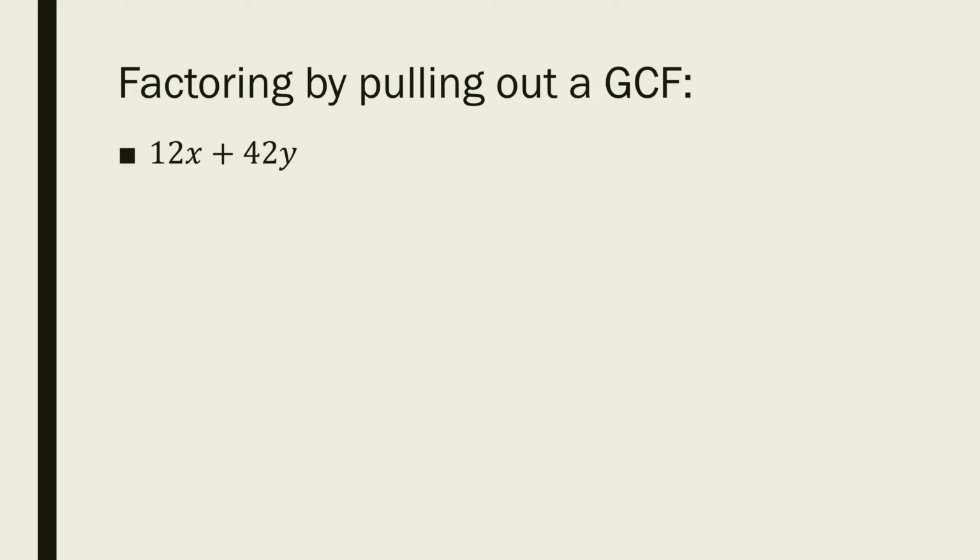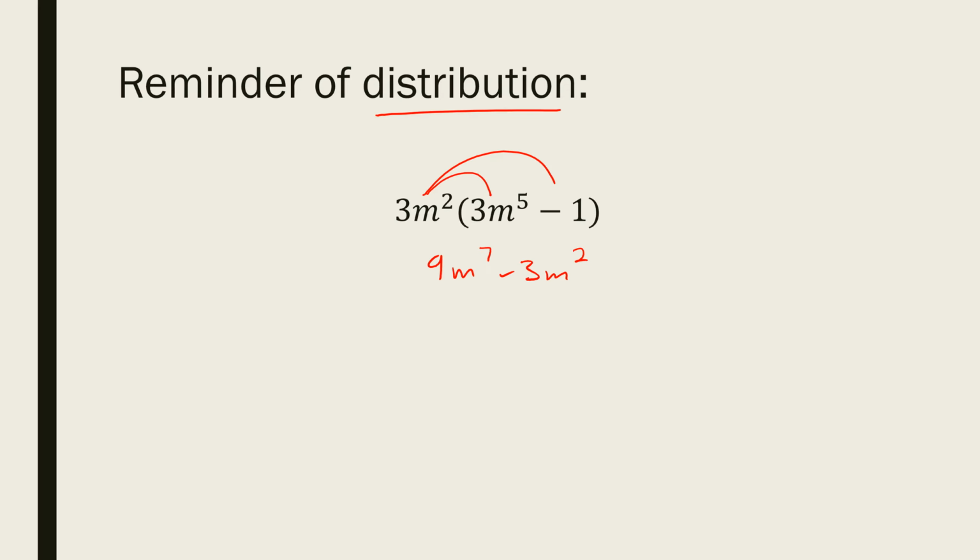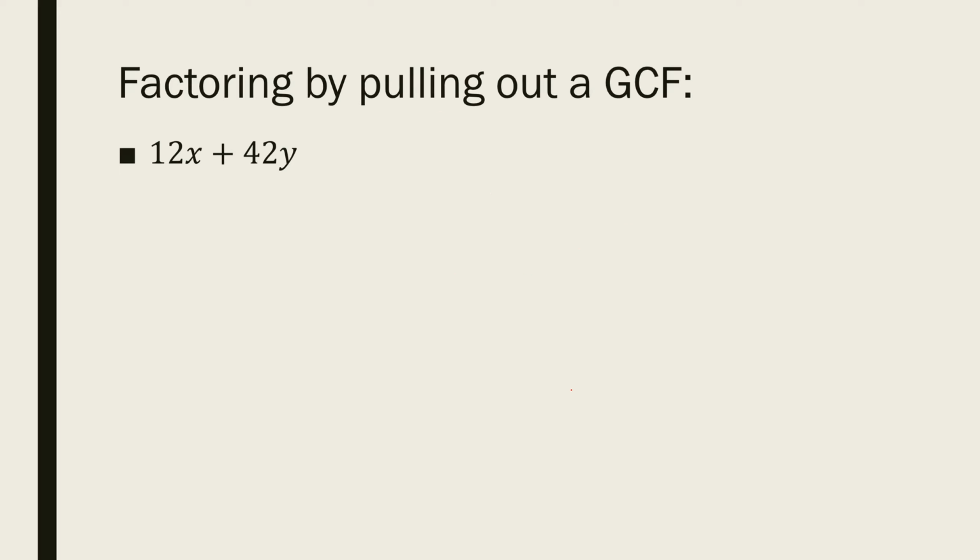Notice, this doesn't look anything like our reverse FOIL factoring. There's only two terms. There are two different variables involved. It's weird. So in order to reverse distribute, so I'm starting here and trying to get something to look like the original problem, I need to figure out what the GCF is.